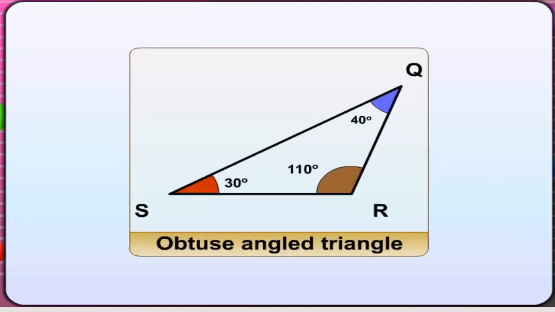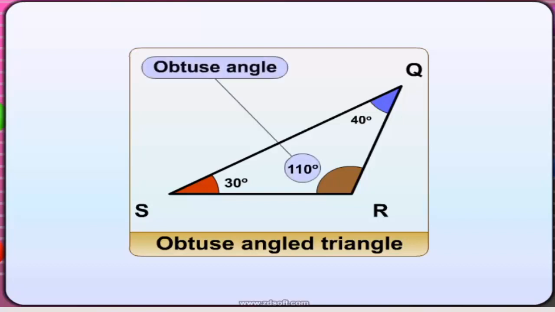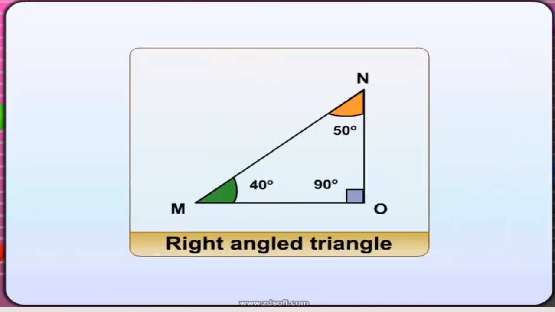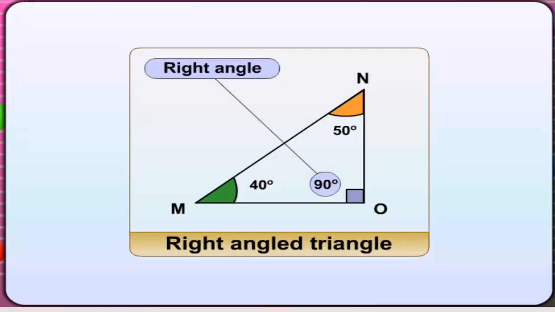If one of the three angles of a triangle is an obtuse angle, the triangle is known as an obtuse angled triangle. And if one of the three angles of a triangle is a right angle, the triangle is known as the right angled triangle.